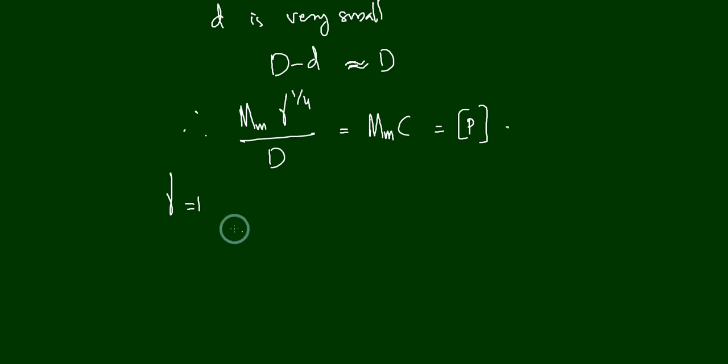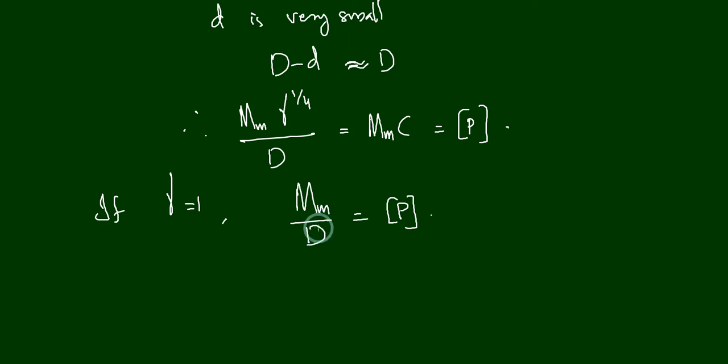In that case, if gamma is equal to 1, this equation becomes M by D into gamma raised to 1 by 4 is equal to M into C, that is equal to P, right? So gamma raised to 1 by 4 will be unity. So we can write it like M divided by D is equal to P.